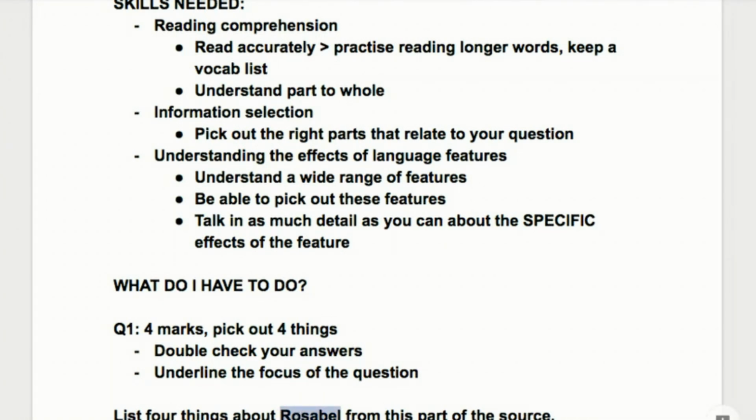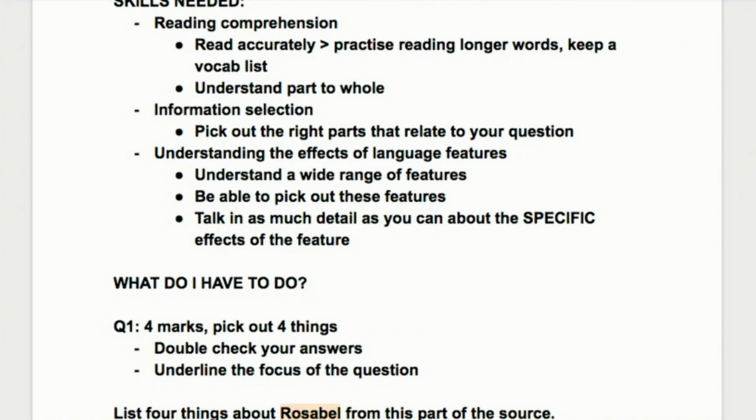So if you found 4 things from the extract, but maybe 3 of those things were about a different character, or only 2 of those things were about Rosabelle and 2 of them were about setting, then we couldn't get 4 marks on this question. So the focus is absolutely crucial to getting as many marks as you possibly can on every single question that you do.